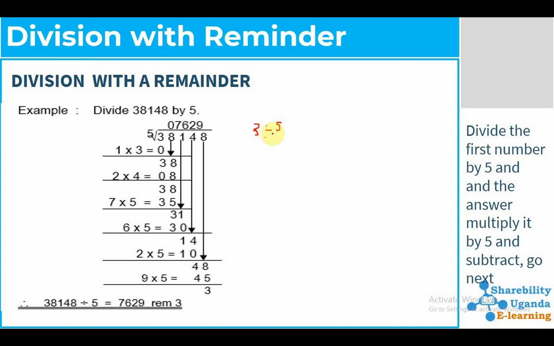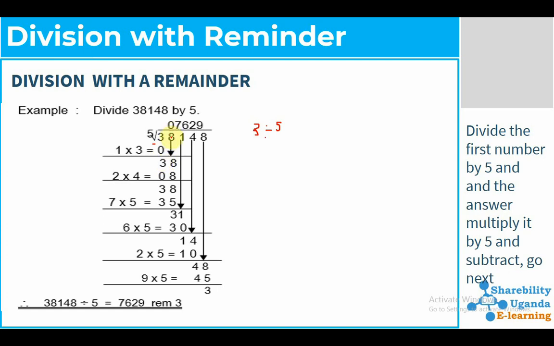You cannot divide 3 by 5, so you write a 0. Then we multiply our answer by 5. When you multiply 0 by 5, you get 0. When you subtract, 3 minus 0, we come up with 3.